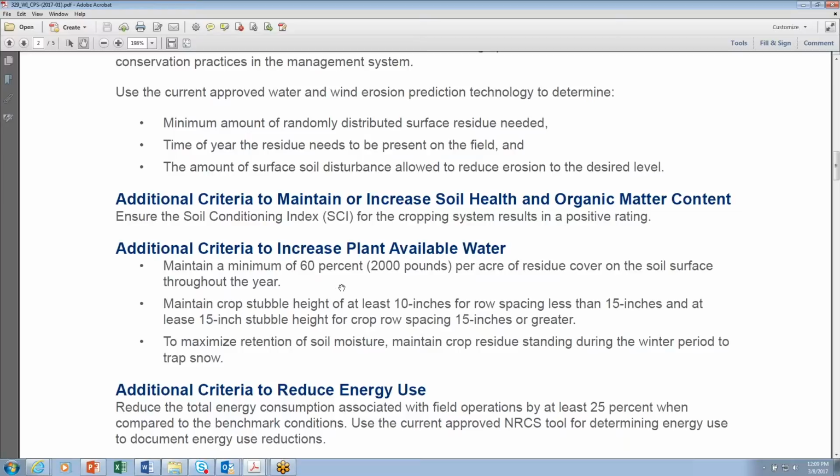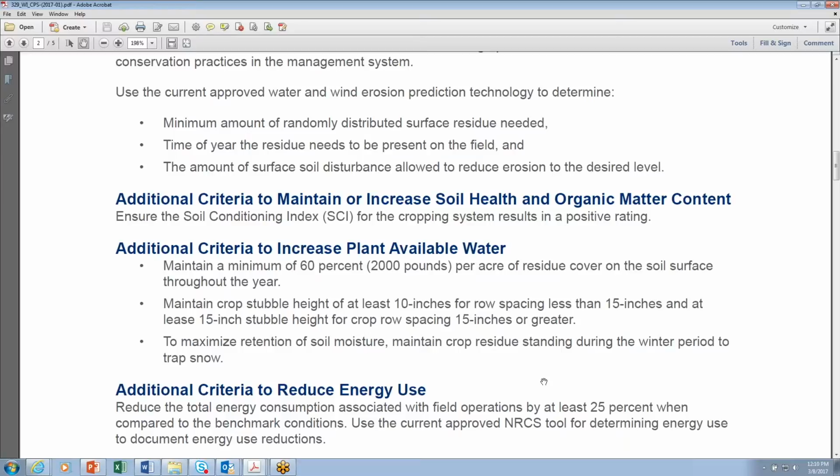So oftentimes in the past we used to say 90% if it's no-till. Well, now it's 60% minimum. But that again is over the entire surface of that crop field. So pay attention to those residue levels because you need at least that amount every day, all year, throughout each of the rotations. So that's a little tough when it comes to soybean stubble, but you can do it especially if you're rotating. You've got some corn stubble out there to start with as well.